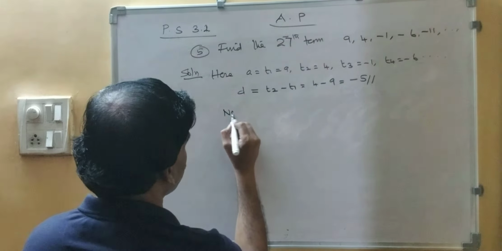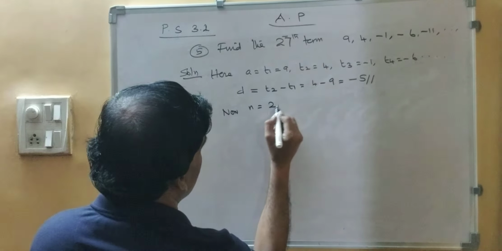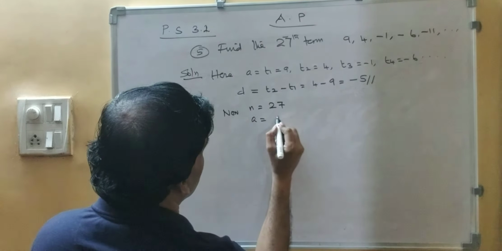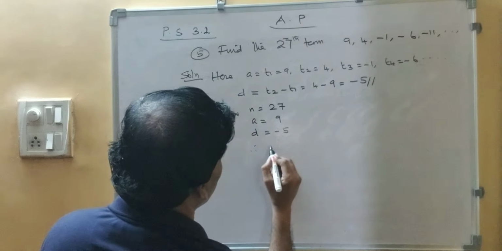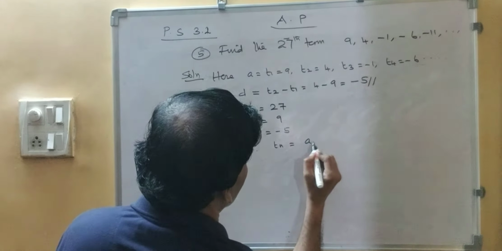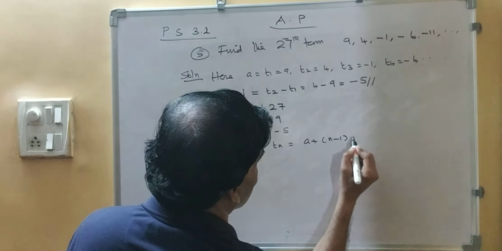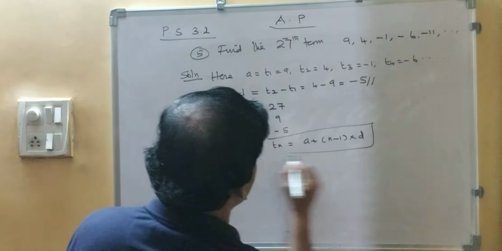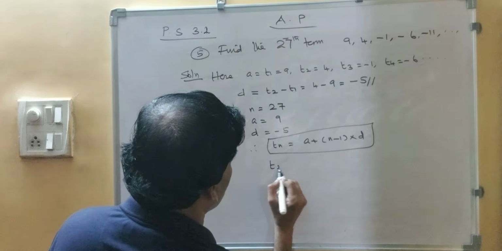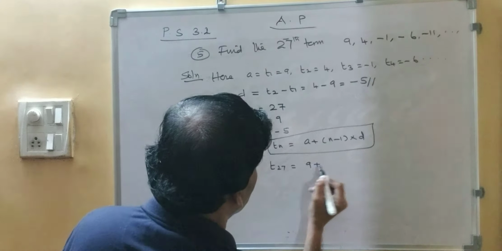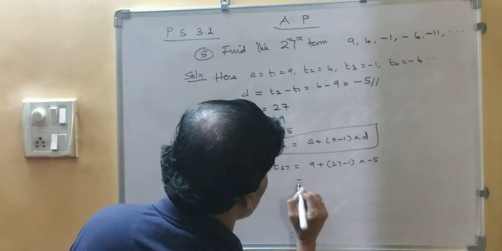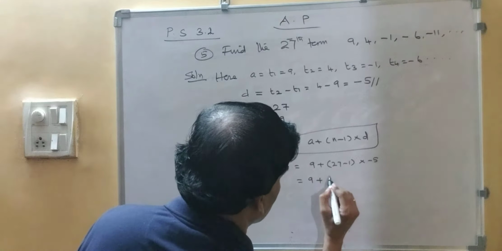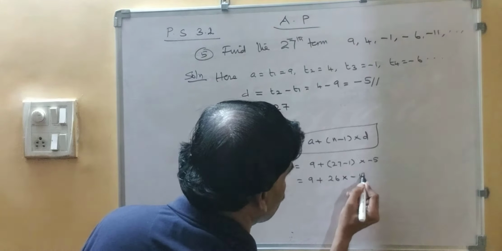Now n equal to 27, A equal to 9, D equal to minus 5. Therefore, Tn equal to A plus n minus 1 into D. This is the formula. So you substitute the values. A is 9 plus 27 minus 1 into minus 5. So 9 plus 26 into minus 5.